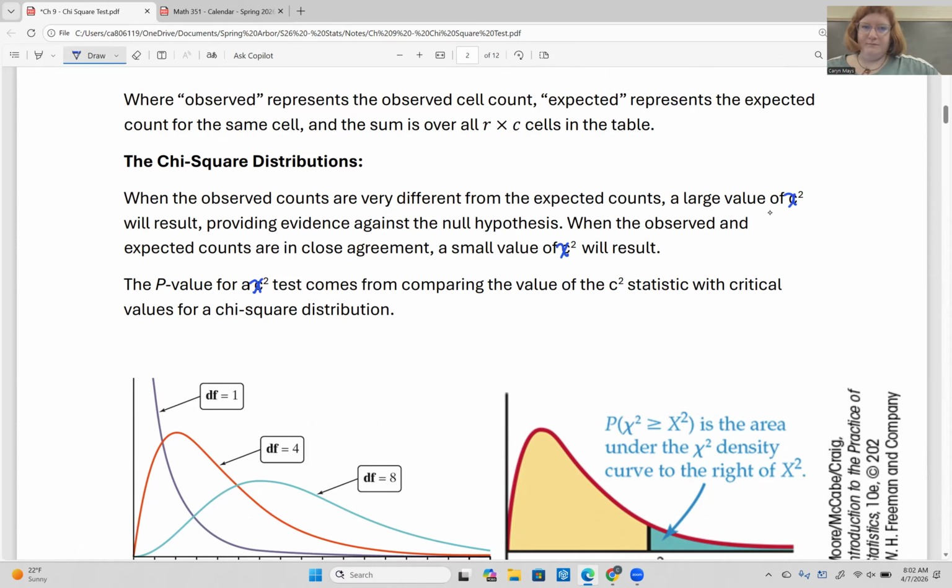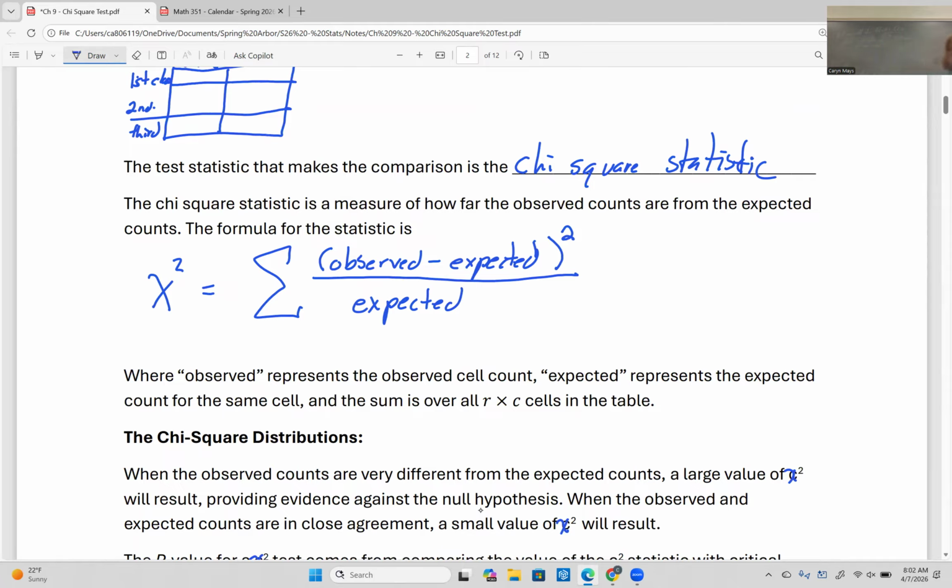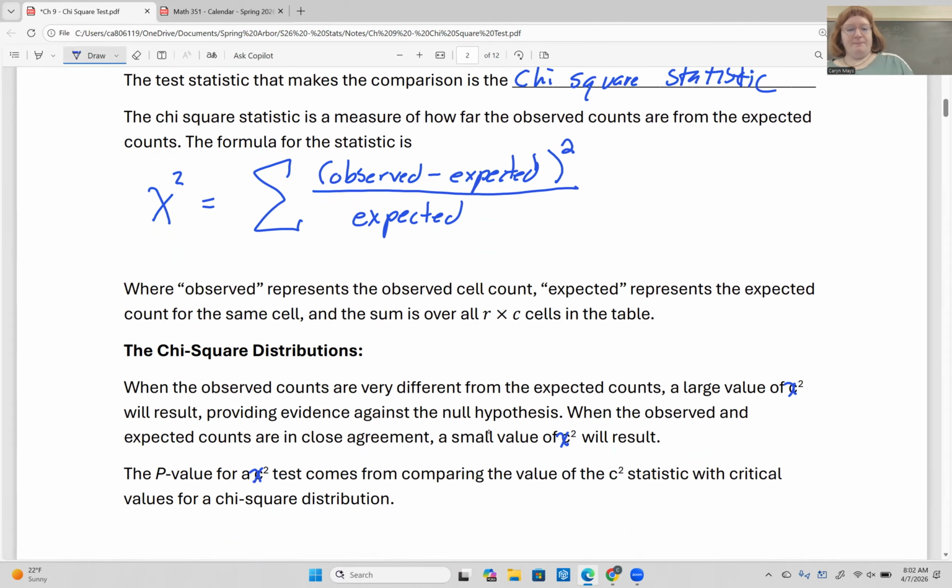When the observed counts are very different than the expected counts, well, if observed is very different than expected, that's going to be a large amount squared and then scaled. When they are very different, we're going to get a large cell value, and then those cell values add up, providing evidence against the null hypothesis.